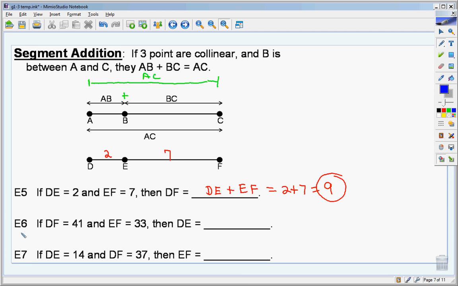When I go down to the next problem, it has nothing to do with what I've put there, so I'm going to erase these numbers that I put in. And I'm going to start over again. In this problem, they said DF is equal to 41. In other words, the whole thing is 41 units long. They said EF was 33, and they asked me to find DE.